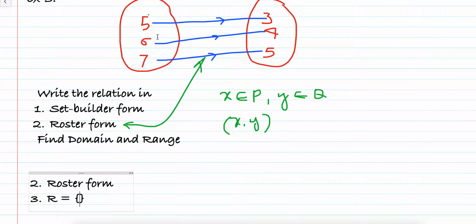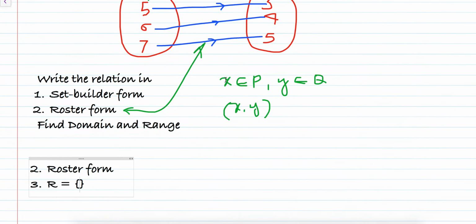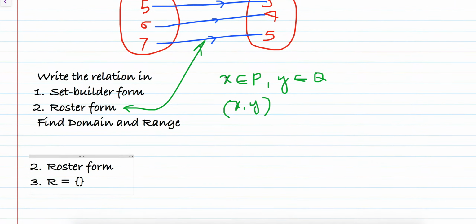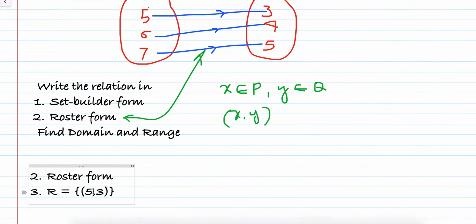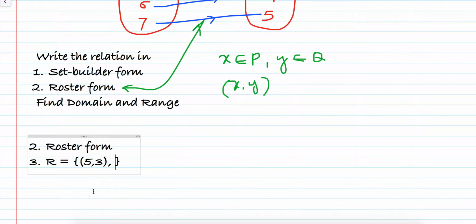So we are given three arrows from P to Q. So we can say that there are three ordered pairs. So we will write the pairs. It's 5, 3, 6 is mapped to 4, so next pair is 6, 4. Next we have 7, 5.